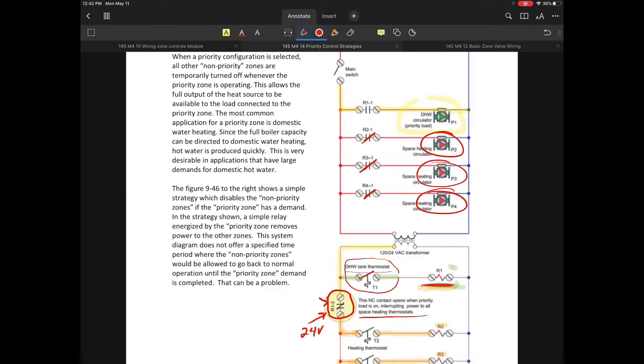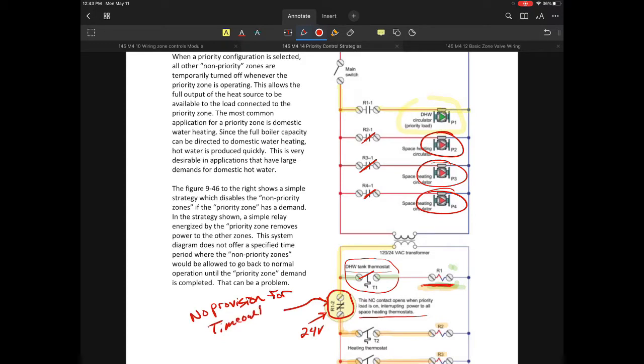Now, there's one little dilemma that we're going to run into here in this ladder diagram: what happens if there's a problem with this domestic water tank system and maybe that's a demand that's unrealistic? That's a problem in this case because we don't have any time limitation that says, hey, if this is calling for too long a period, this is going to be a problem.